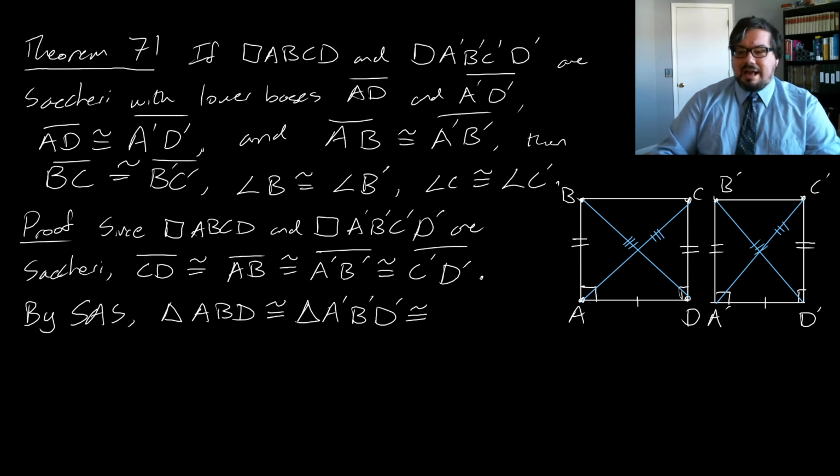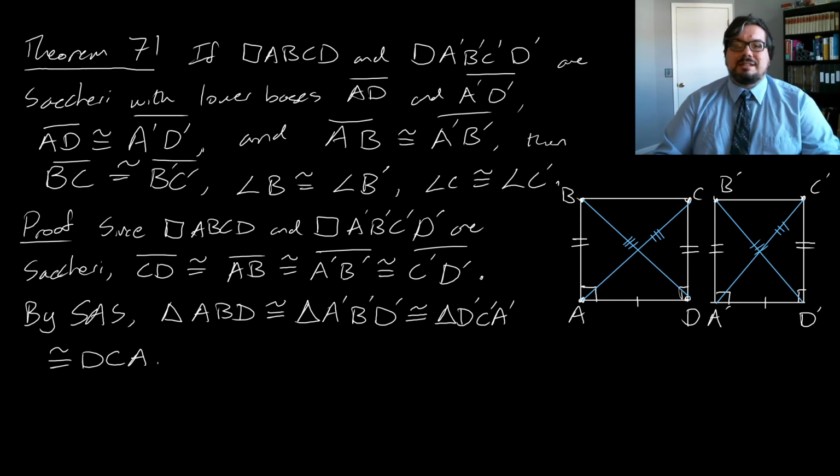So if we look at A prime B prime D prime and compare that to triangle D prime C prime A prime, and all of those are going to be congruent again to D C A. So we have four different congruent triangles here by side angle side. And now let's take advantage of this.